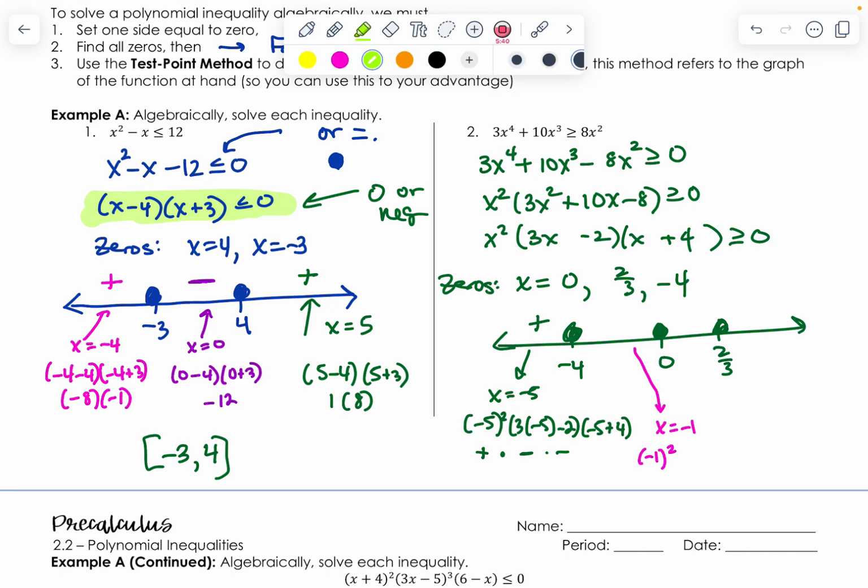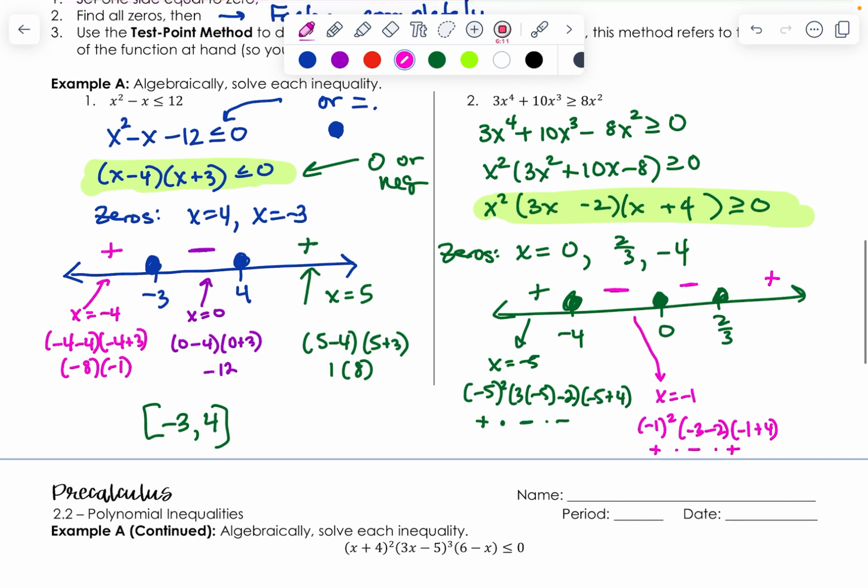And in case I lost you, I'm plugging right here into this one. Then that's -3 minus 2, -1 plus 4. So do you understand the x squared is always positive except when x is 0? That's a negative and that's a positive. So that's a negative. Then this next one's hard to do because from 0 to 2/3, you might pick 1/3. I got a negative and then a positive.